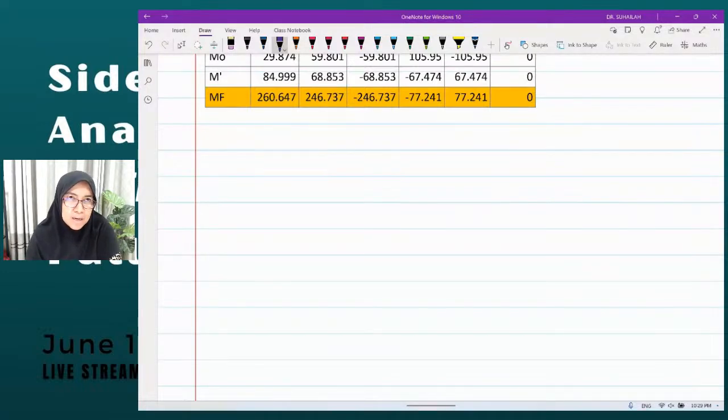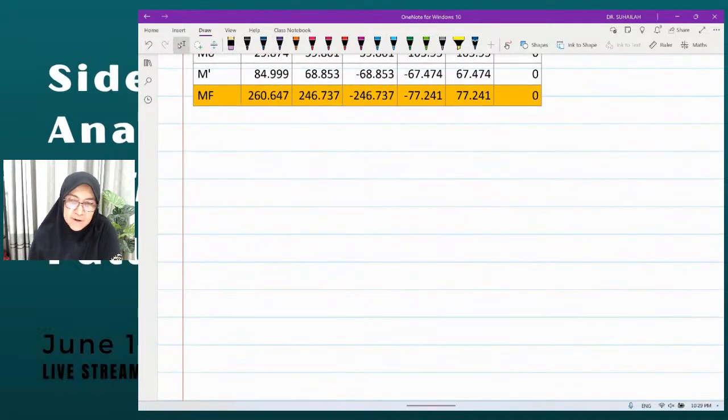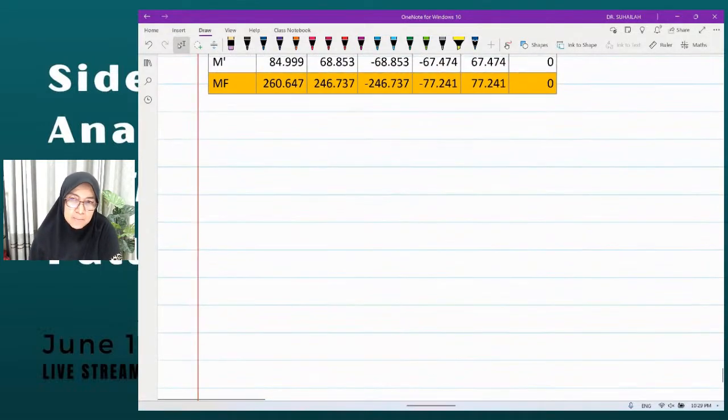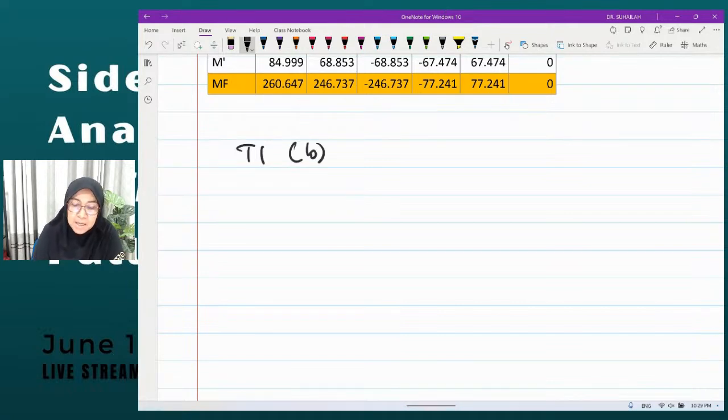So what we have done tonight? Tonight we have discussed frame with side sway. The main procedure has four steps, but the main procedure is step number 2 and step number 3. Under step number 2, it is the no side sway frame analysis. So from table number 1, diagram B, we get M naught.